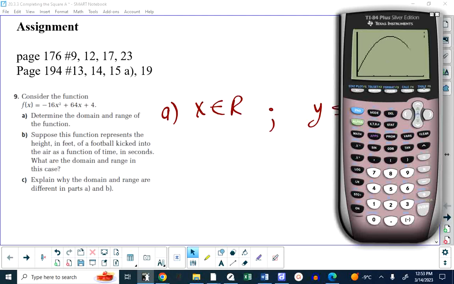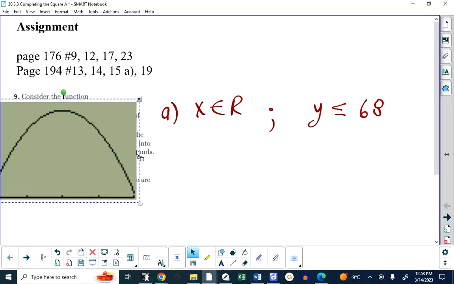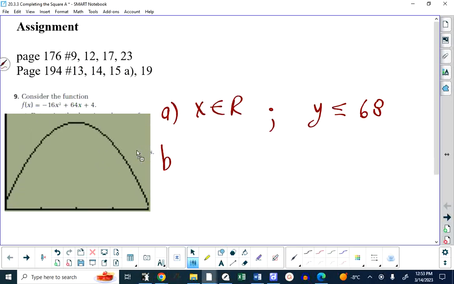So, wow, it's almost exactly 4 seconds. In order for me to talk about, and I'm not going to actually do this, you can do it on your own. But in order for me in B to talk about the range, well, the range is no longer this. This is the range.